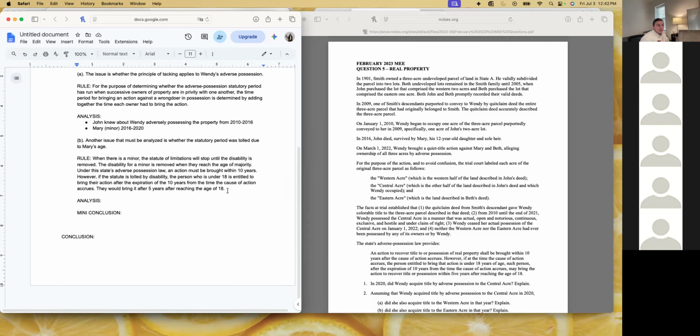Did John have the ability to bring a cause of action against Wendy when he was still alive for 6 years? Yeah. And so essentially, the other rule that's important to this is the fact that tolling only applies if the person had a cause of action when the adverse possessor first wrongfully enters the land.